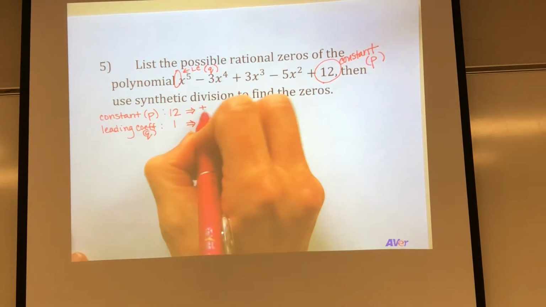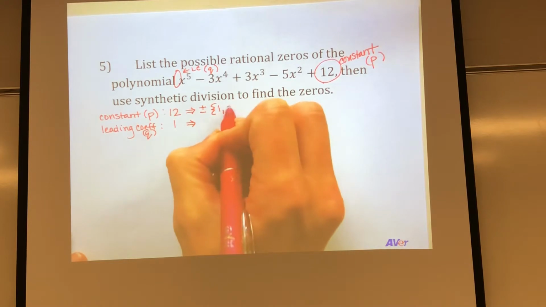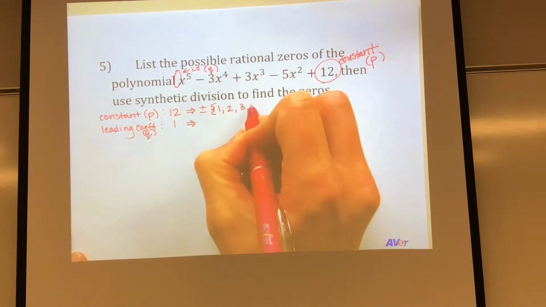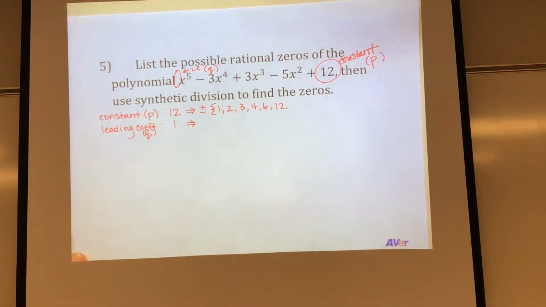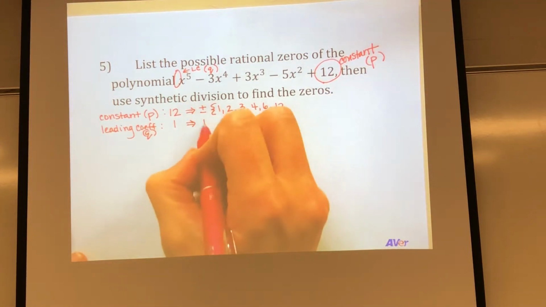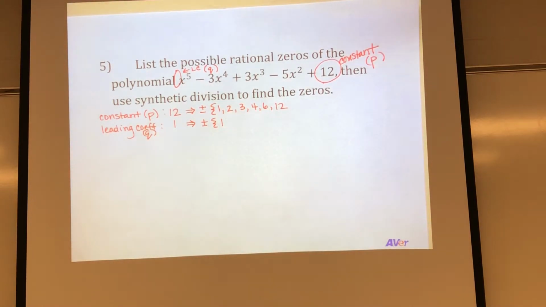So we're going to want positive and negative versions. So positive and negative 1, 2, 3, 4, 6, 12. 1 is much easier, plus or minus 1.